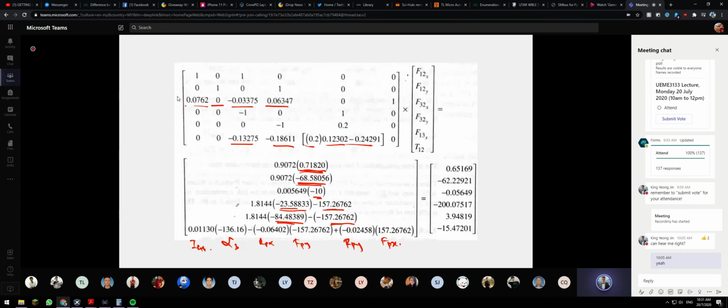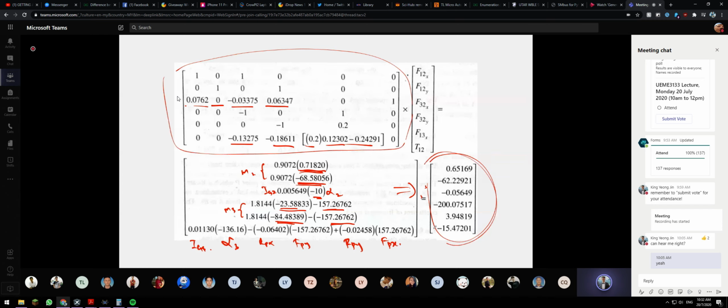This is M3, this is M2, this is IG2, and this is alpha 2. You just follow the questions, and once we have this matrix and this one, we can calculate this.